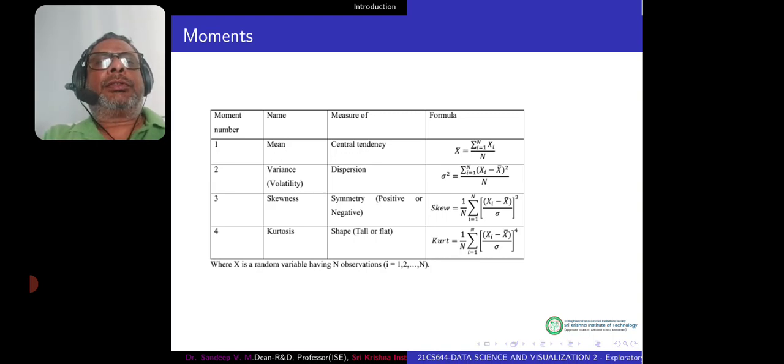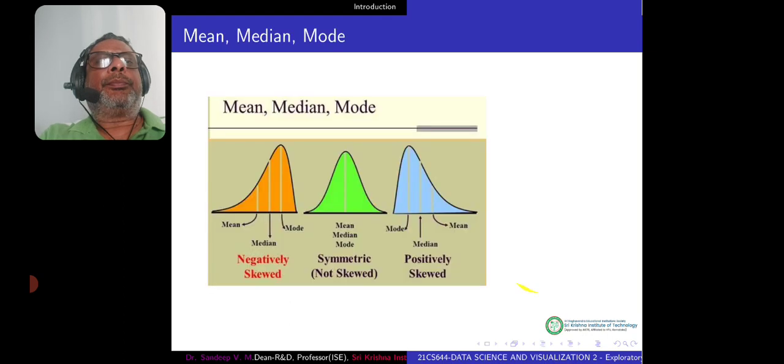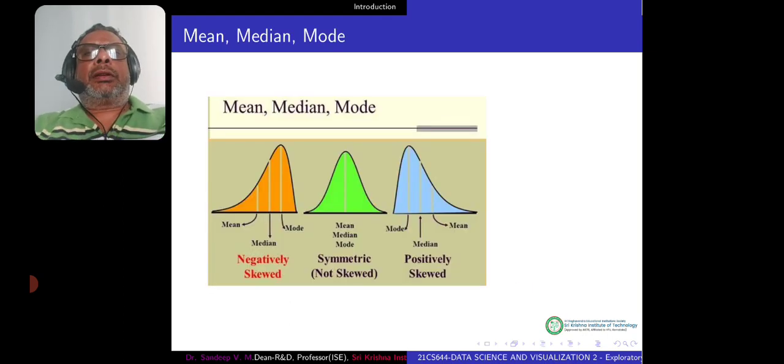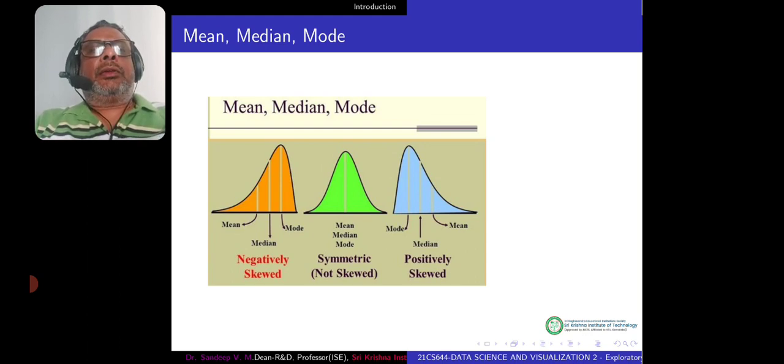These are the expressions used for finding various quantities like mean, variance, skewness, and kurtosis. To understand the difference between mean, median, and mode: if it is a symmetric Gaussian, then the mean, median, and mode are all equal. If it is negatively skewed, that is the orange curve, then the mean will be the minimum value, the mode will be the maximum value, and the median will be somewhere in between.